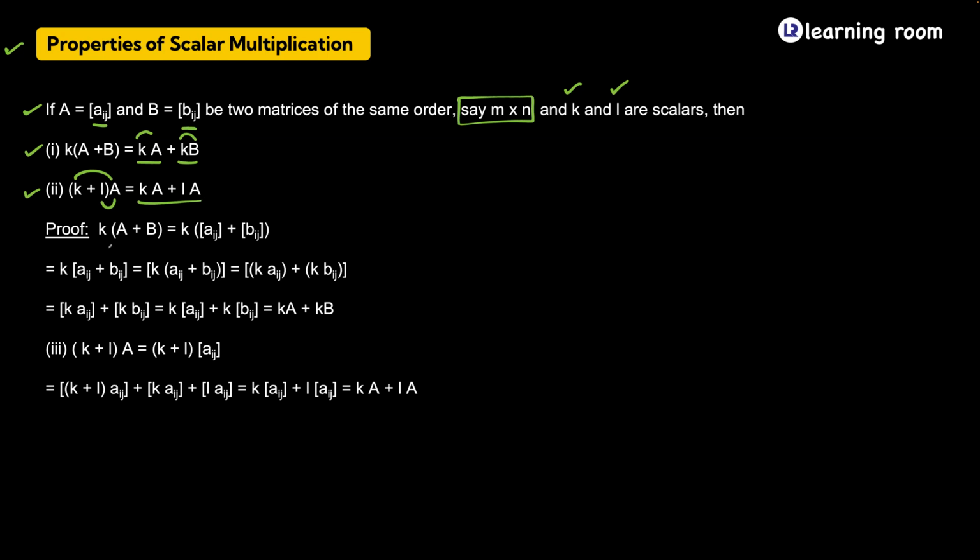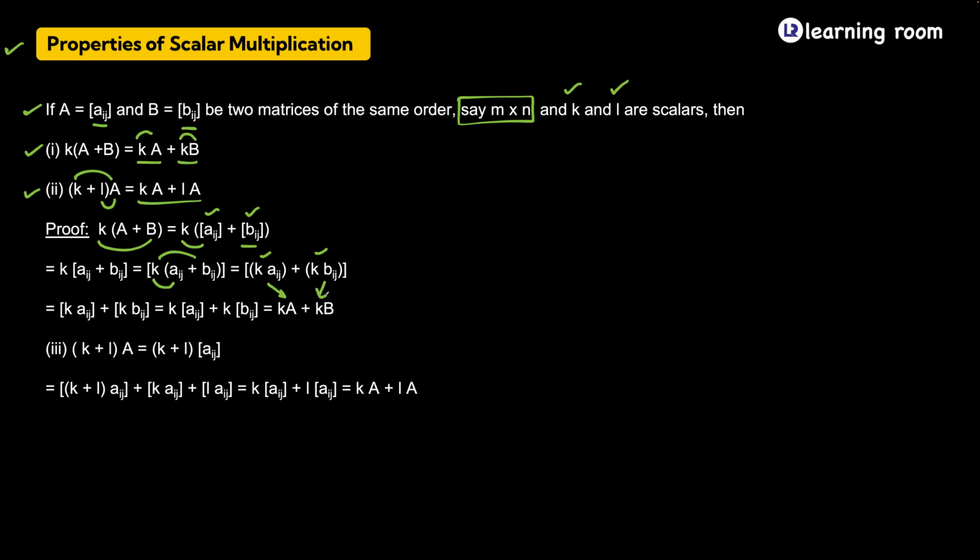If I take K into (A plus B), it is going to be K into (Aij plus Bij). Then it is going to be K into Aij plus K into Bij, right? K into Aij can be written as Ka and K into Bij can be written as Kb. So this is the proof for the first one.